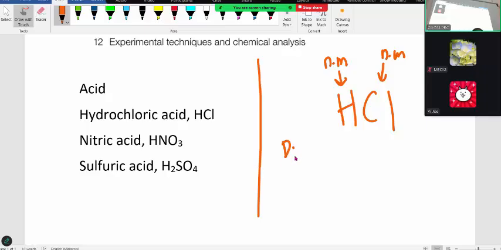I want you to draw the dot and cross diagram of this now. You must have a periodic table.